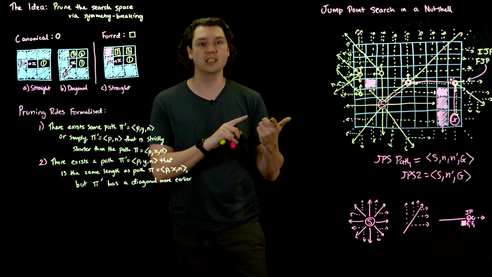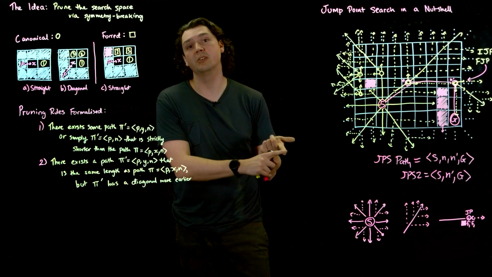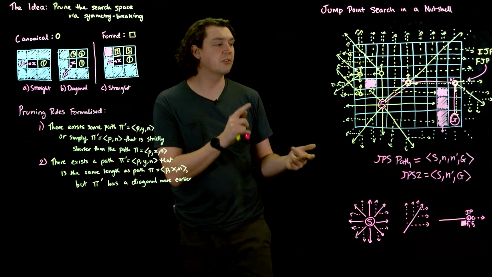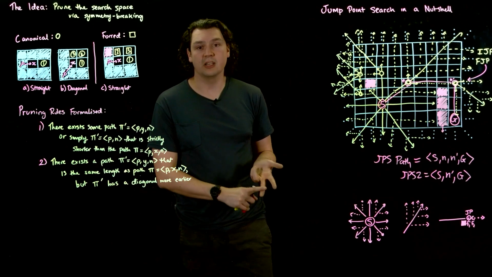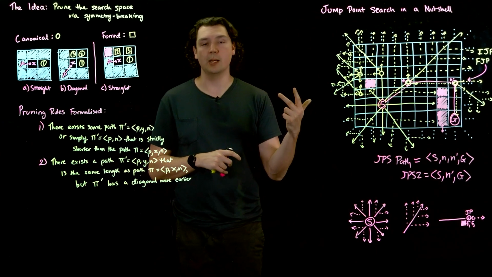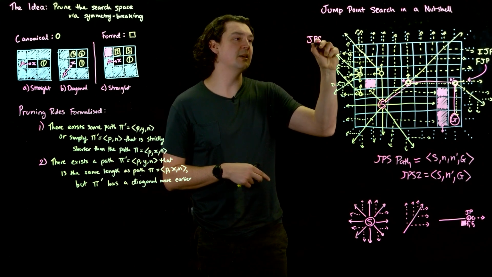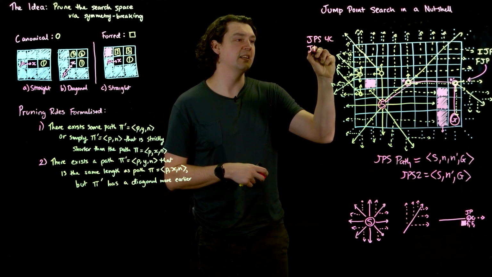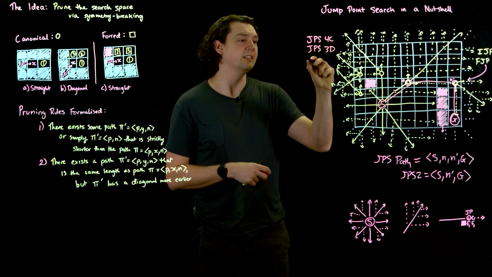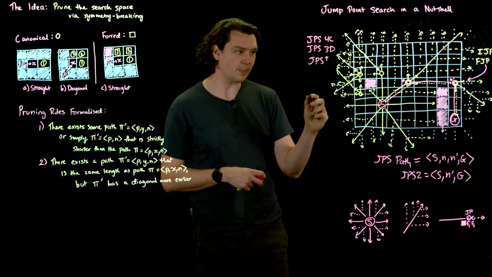So JPS Plus as pre-computation is really performant and supports a lot of state-of-the-art algorithms. As I talked about at the top, JPS 4 connected absolutely exists and it is quite useful. So I'll write some of these down: JPS 4 connected, JPS 3D, JPS Plus.